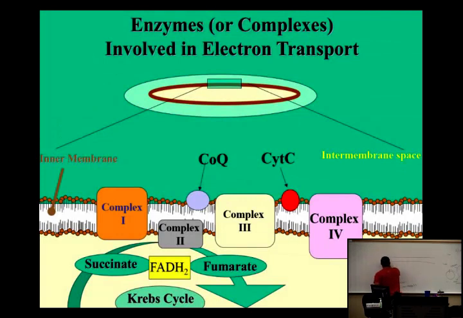So this is the inner membrane. We have complex 1, 2, CoQ, 3, cytochrome C. This is that cytochrome, remember, that changed color. And then 4. That's it. That's all you need to know.